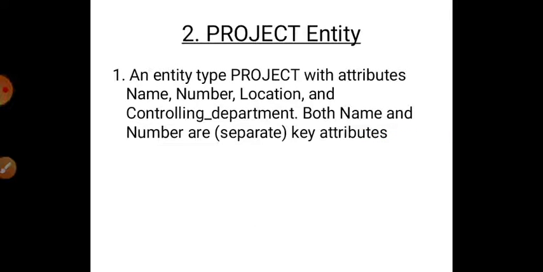Next entity is project. We studied this. An entity type project with attributes name, number, location, and controlling department. Both name and number are separate key attributes in case of project as well.